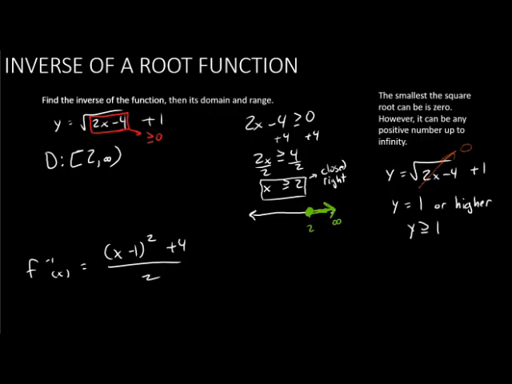But if y is greater than or equal to 1, we can draw that on a vertical number line, and we can say that y must be 1 or higher. So we'll draw an upward green arrow to show that y is going toward positive infinity. In interval notation, we would say closed bracket 1, comma, infinity, and that would be our range for our original function.